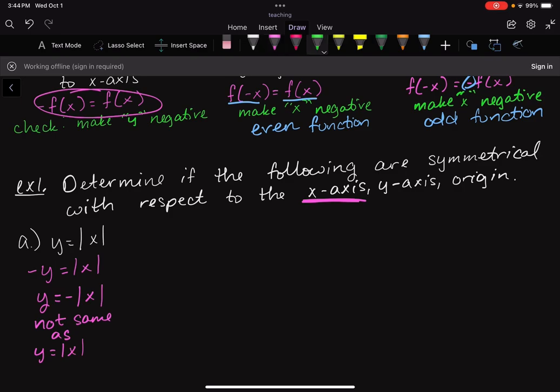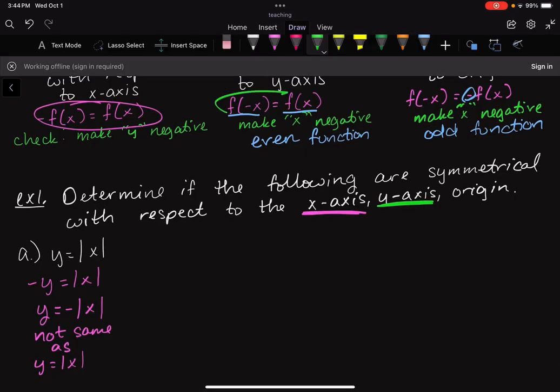All right, let's test if it's symmetrical about the y-axis, and I'll do this one in green. For symmetrical about the y-axis, we'll use this property. So I want to check to see if I plug in x as negative, will it be the same result as if I didn't have a negative x?